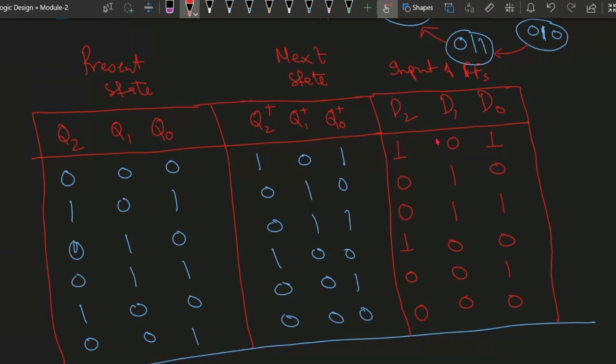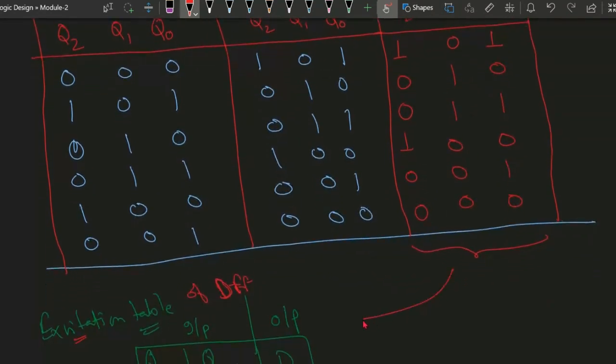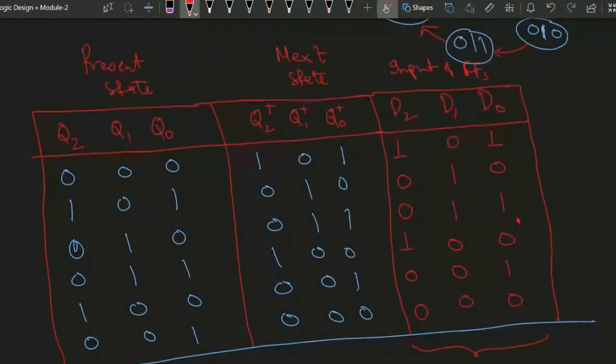The table that we have just filled in is made with the help of the excitation table of the D flip-flop.